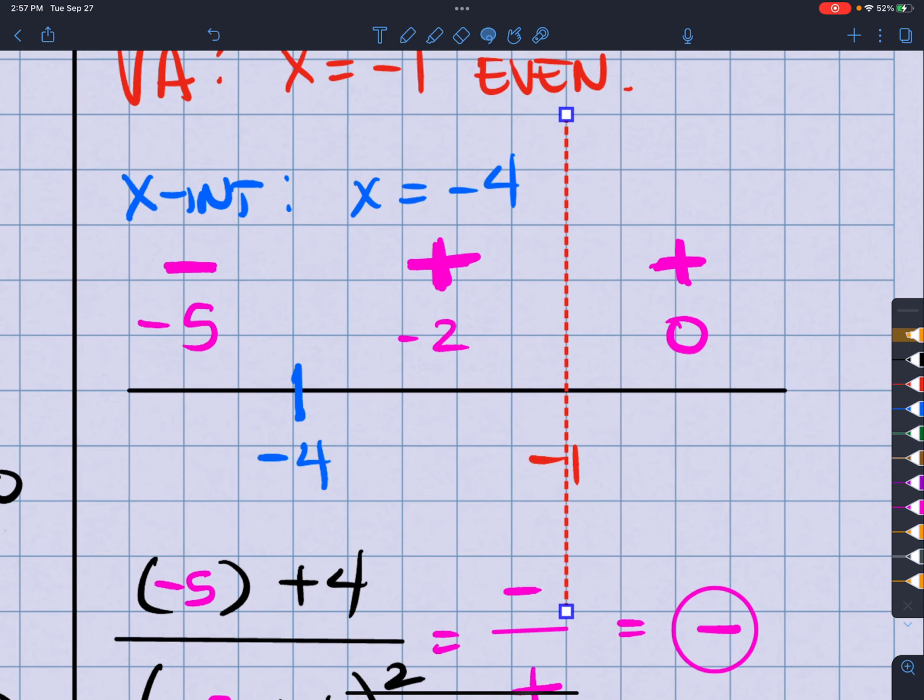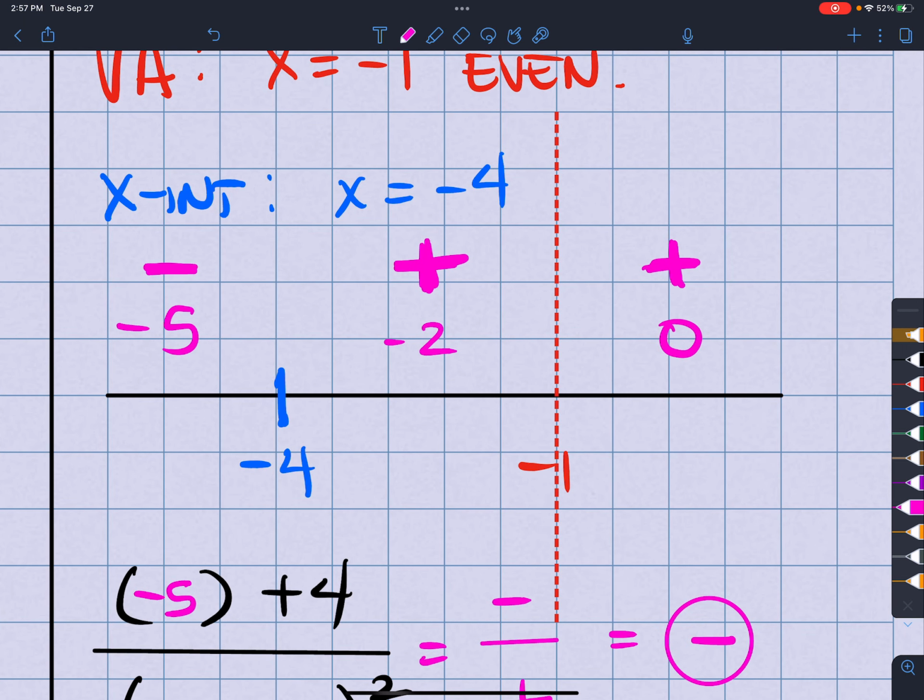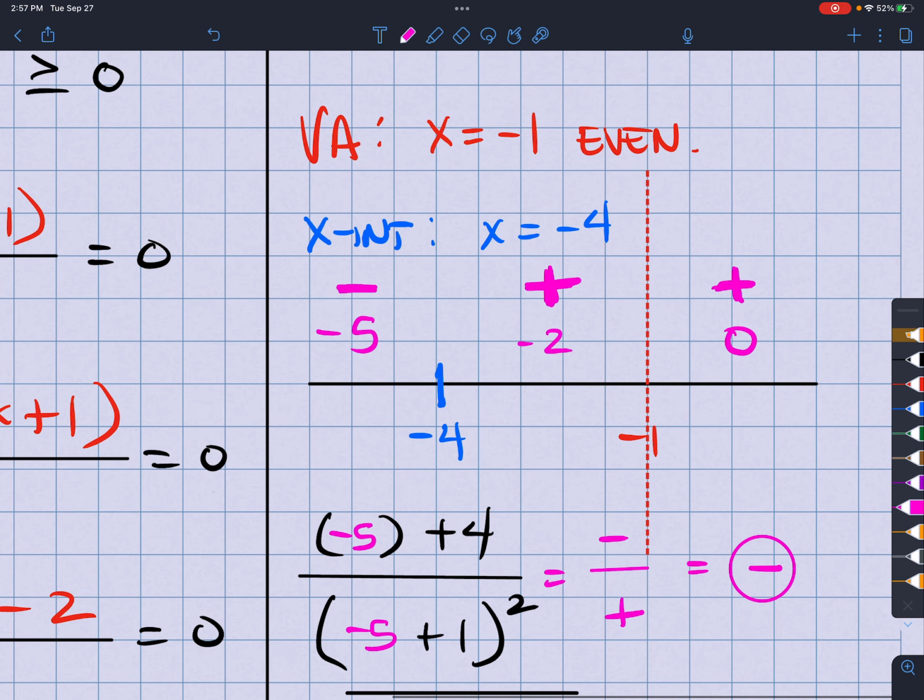Because it's a vertical asymptote and it's even, it's either going to go like this or like this, right? Because of it being even. So if one side is negative, the other side is going to be negative. Since one side is positive, the other side is going to be positive as well. So that is a dead giveaway about that.